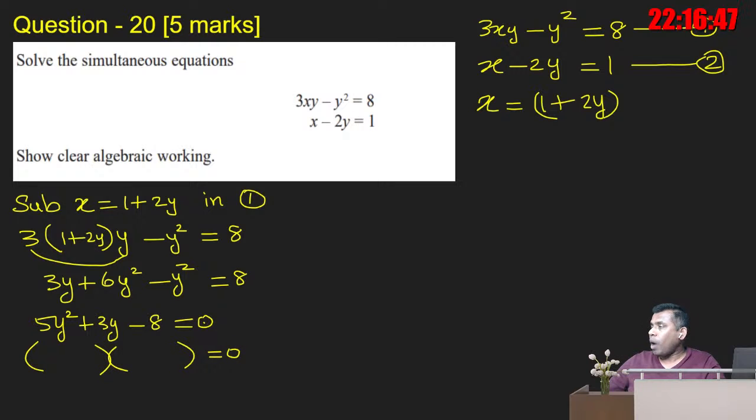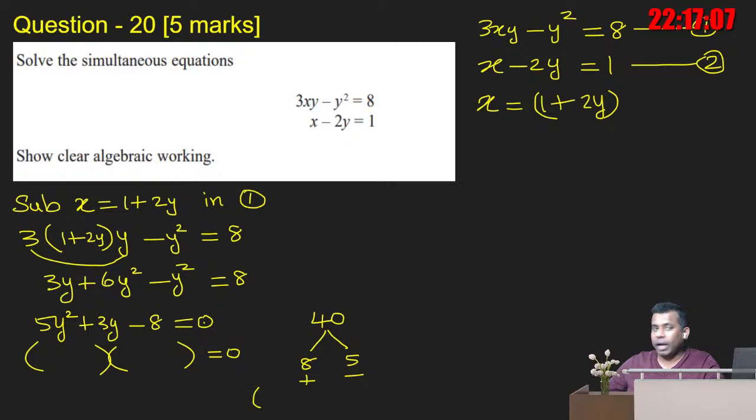Now how to do the quadratic factorization? 5 times 8 is 40, right? And you can see 8 and 5 are the factors which give plus 8 and minus 5, right? So you can find out how to do that one.